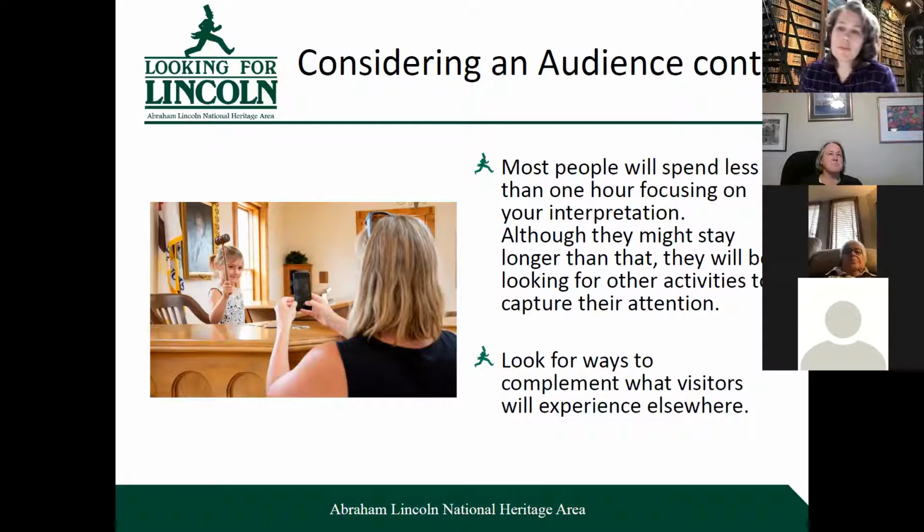So most people are going to spend less than an hour focusing on your interpretation, and it's probably less than that. And although they might stay longer, they will be looking for other things to capture your attention. So maybe if you have a couple historic sites that are all close together, you can collaborate and come up with something that thematically connects so that you can keep them in your community longer.